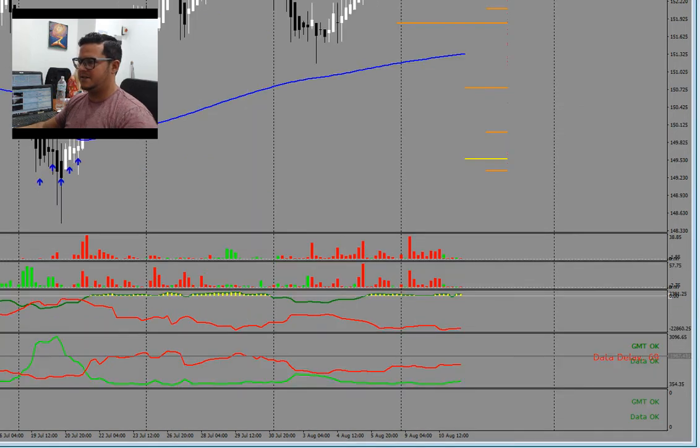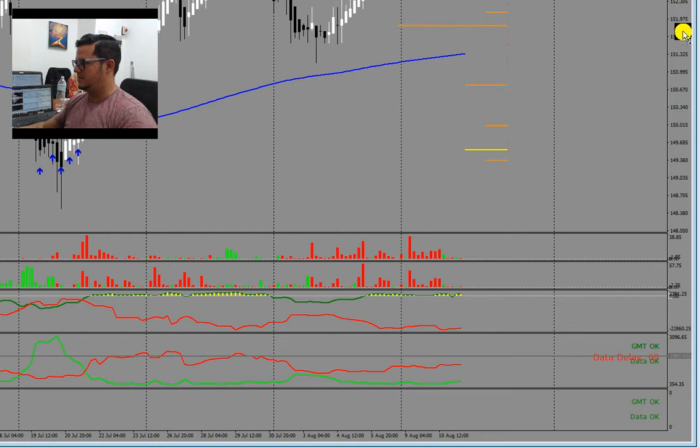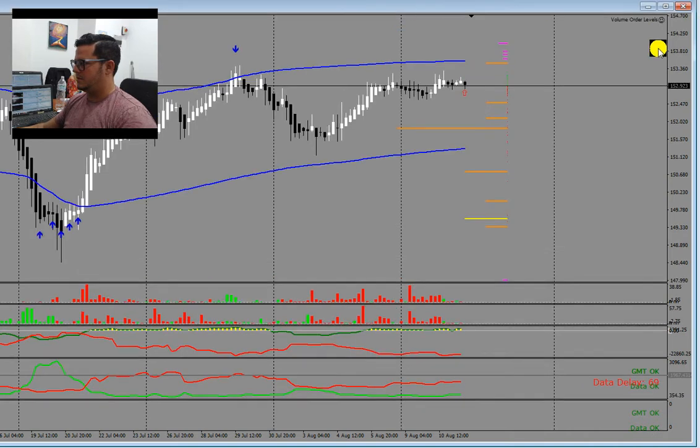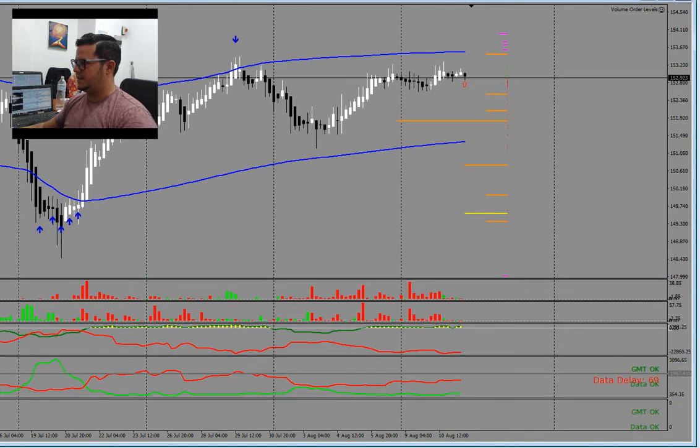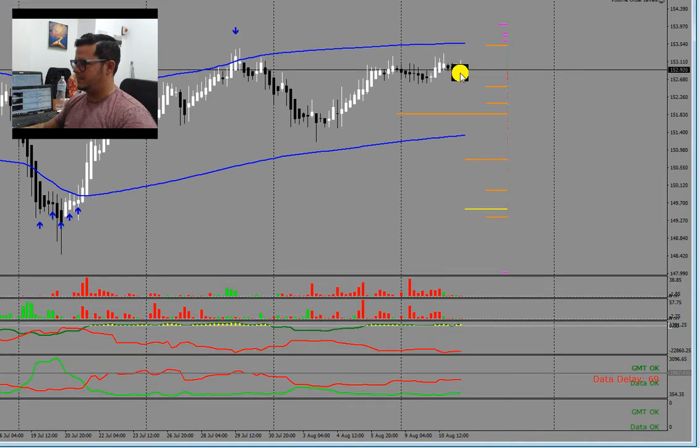Let's look at pound yen. So pound yen basically went up against the shorties, no surprises there. Shorties kept on selling the market, so pound yen went up because the algos pushed it up.